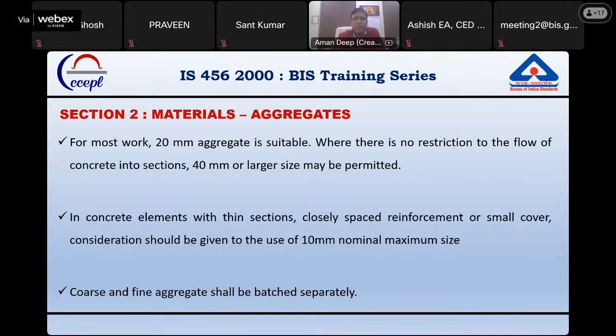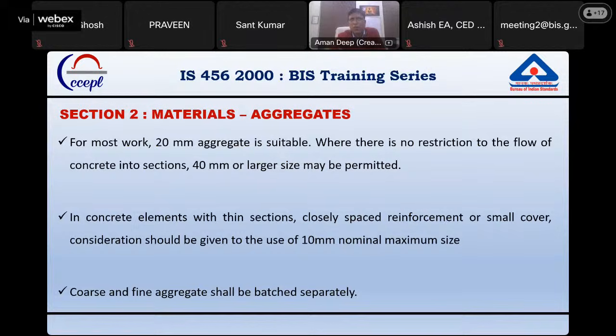But when there is no reinforcement, or there are no high restrictions on flow or workability, then 40 mm or larger aggregates may also be permitted. Generally for plain cement concrete PCC works, if the thicknesses are larger, then we can go for 40 mm or larger sizes.